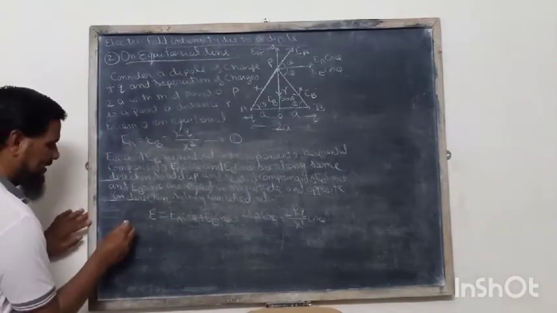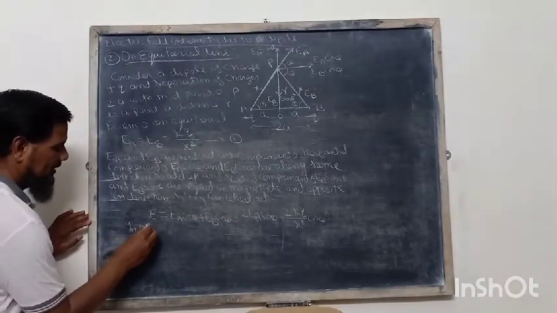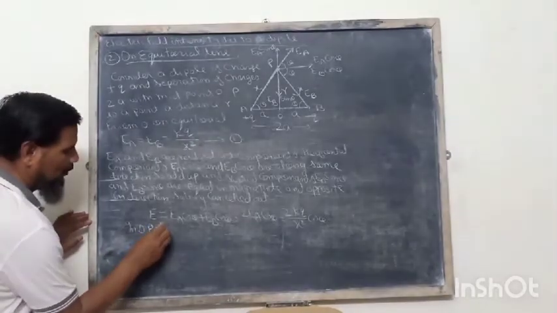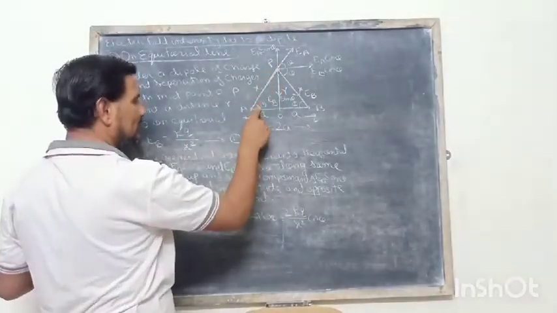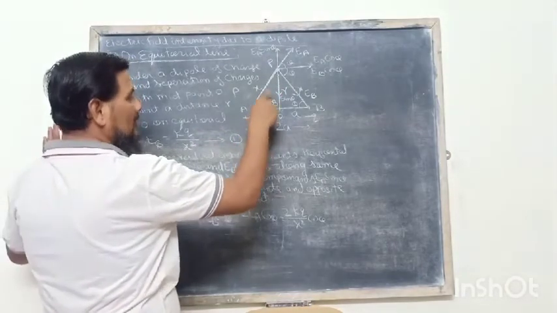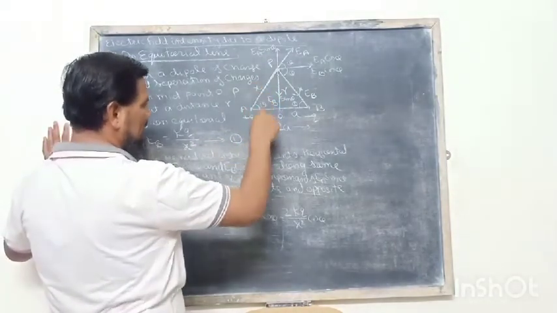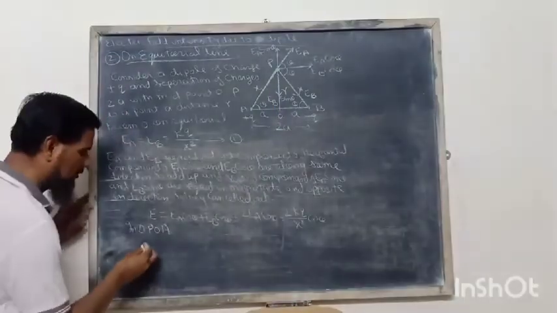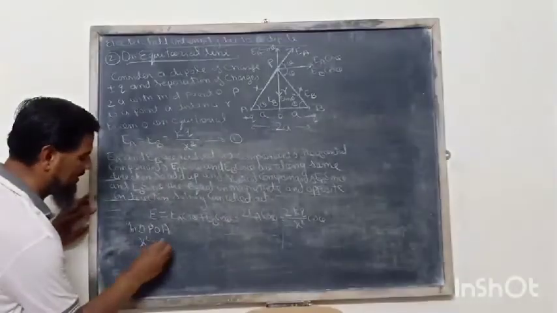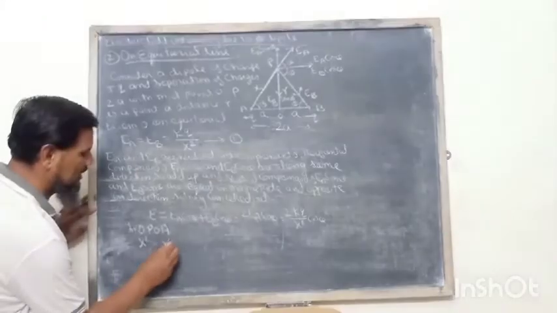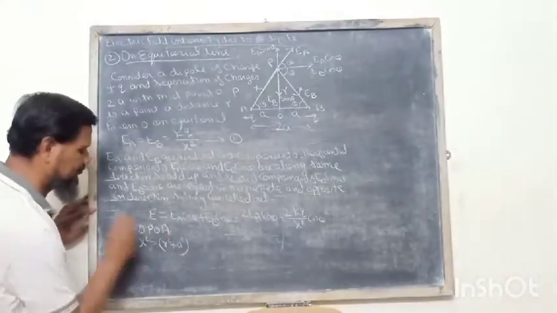Now we consider triangle POA. This angle is theta, and this is hypotenuse, this is base, this is perpendicular. So according to Pythagoras theorem, x square is equal to r square plus a square.